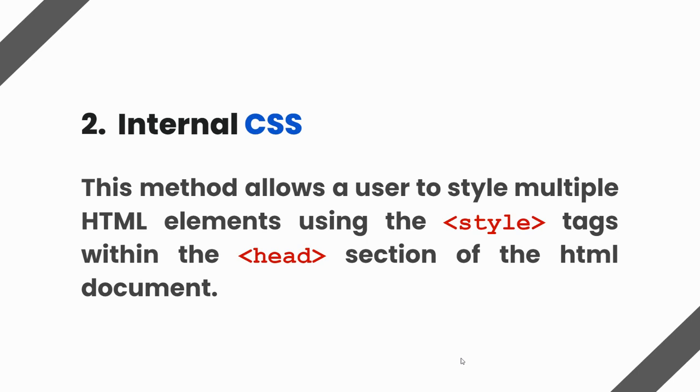So, using this method would be to your advantage as it allows you to style multiple elements at the same time. But also, by using this method, you would apply a style element into the head element of the document. As we all know, the HTML document, in terms of the coding, starts with the HTML tags.